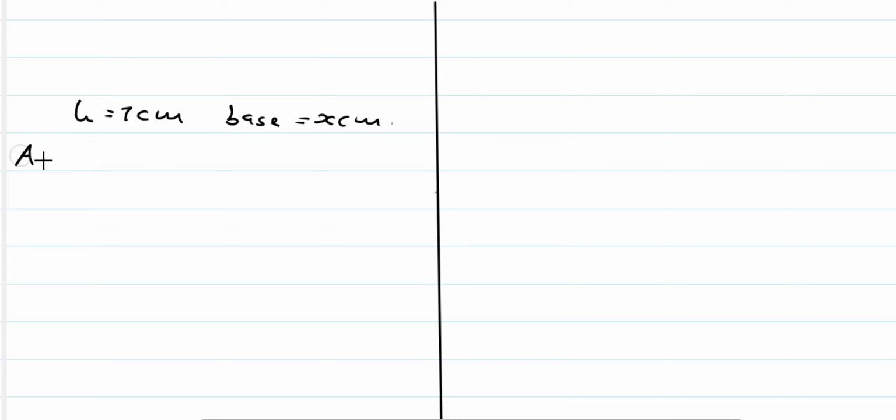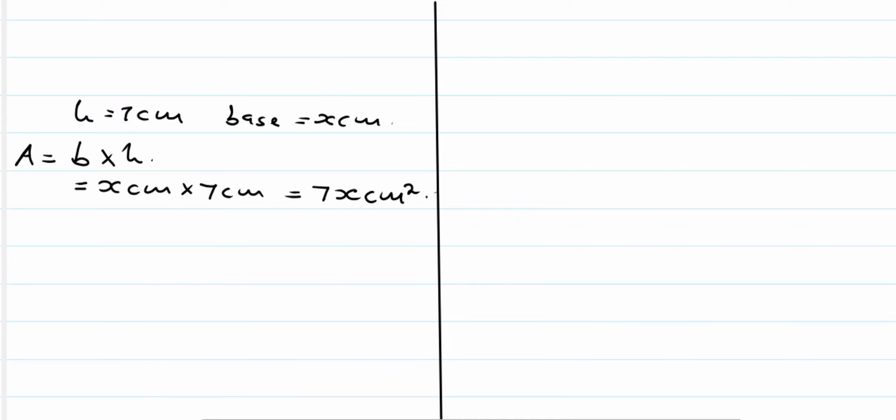So area of a parallelogram A is given by base B multiplied by height h, like that. And we already have the base, which is x centimeters, of course, then multiplied by height, which is 7 centimeters. So the area becomes 7 multiplied by x is 7x, then centimeter squared.